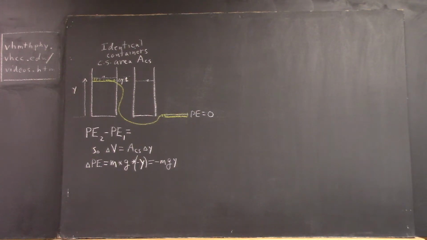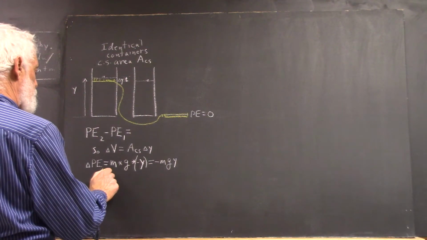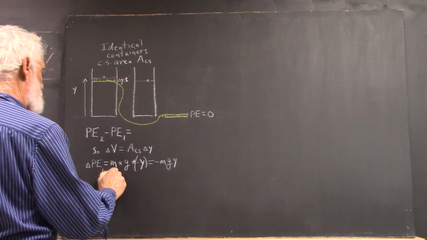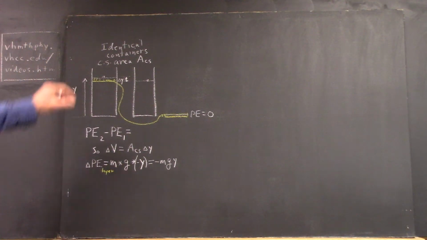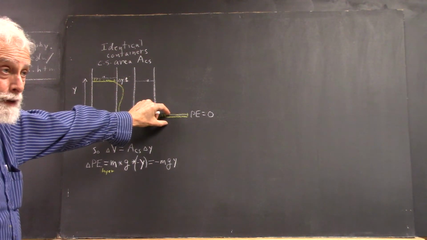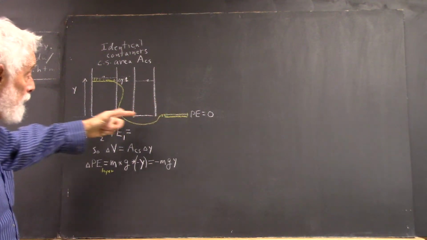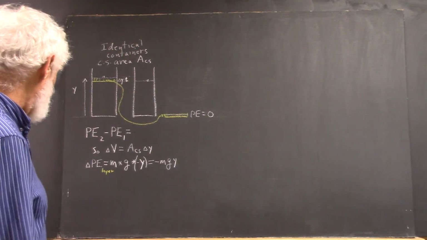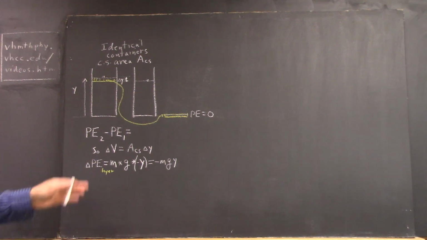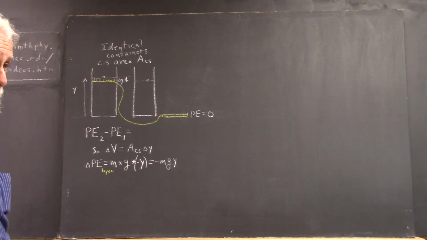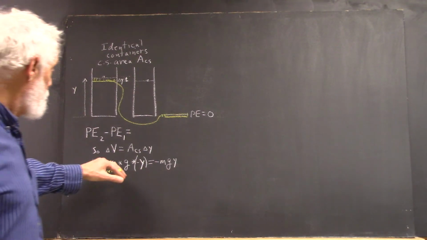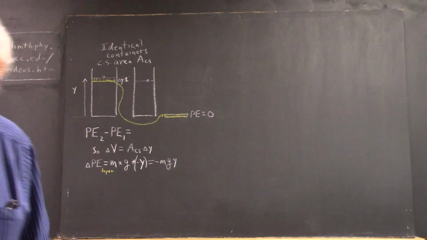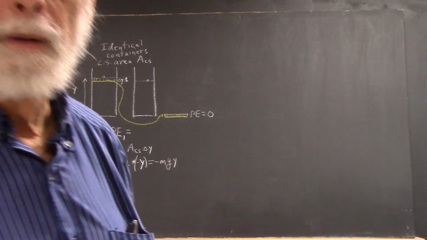Okay? And I'll call this the layer of water. It's like you've got a little layer of water here that's being replaced by water down here, perhaps by exiting through a hole in the container. So delta PE of the layer is this. Of course, we don't know what the mass of the layer is, but Lane has already mentioned what that would be.